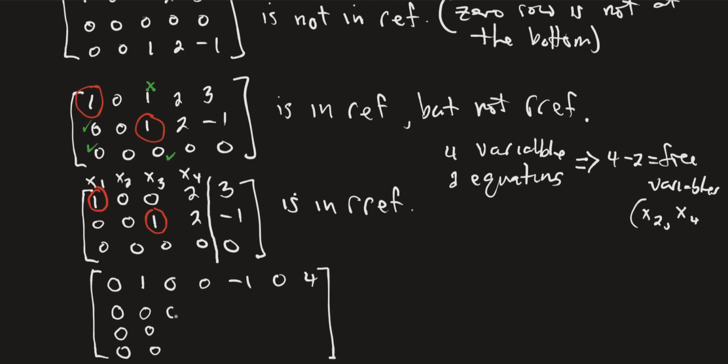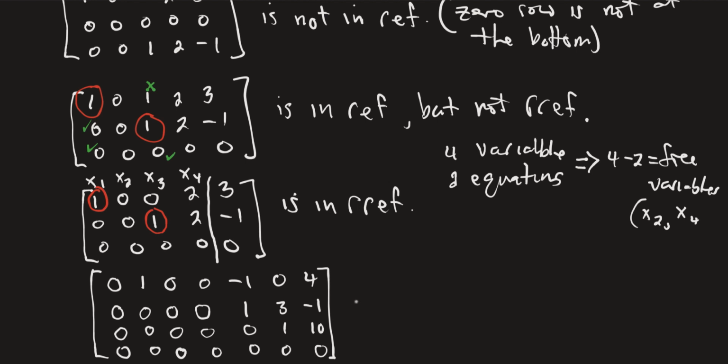And then again, just to emphasize where that pivot in a lower row could be, it could be really further over. It could be something like this, and then you could have something like that. Let's say that's 10. And then let's say at the bottom now you have your row of zeros. So this, again, is in REF, but not RREF.